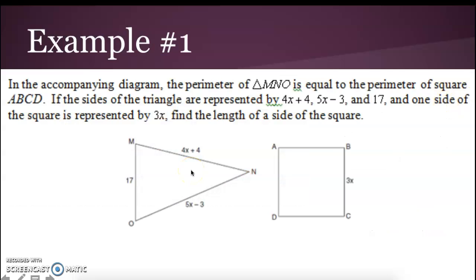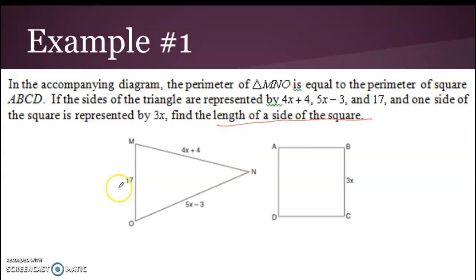So in this example, it says in the diagram, the perimeter of the triangle, given the sides, is equal to the perimeter of the square, and the question is asking us to find the length of one side of the square. Now, in order to do that, I need x. So I know that they're equal.